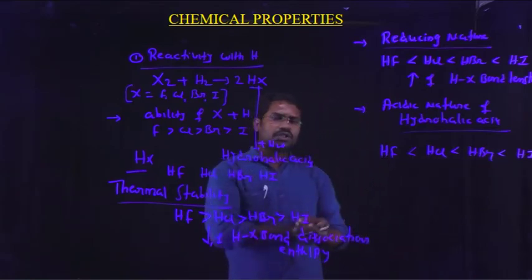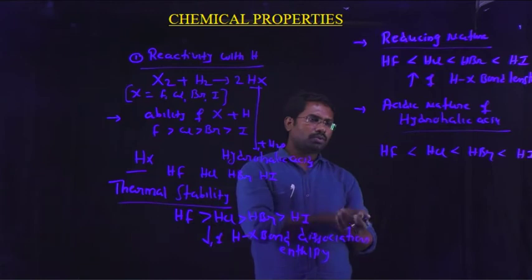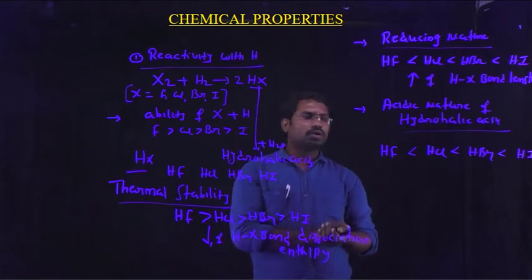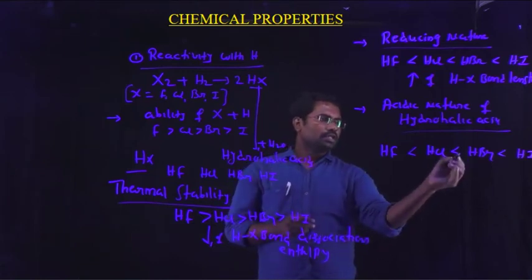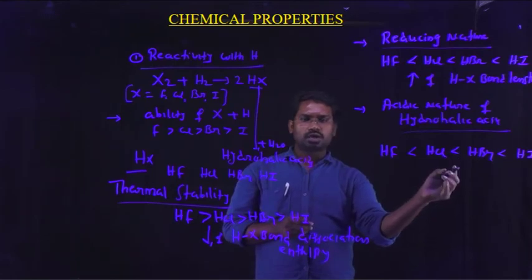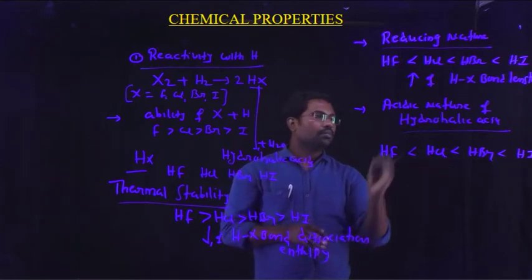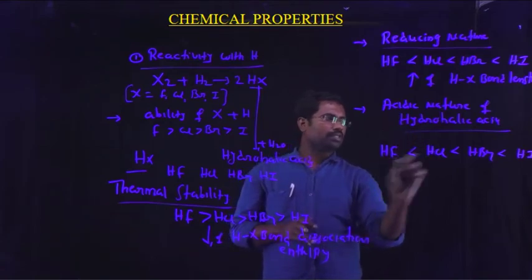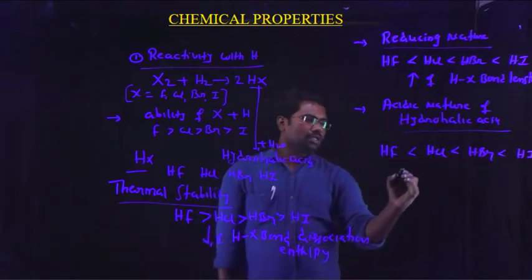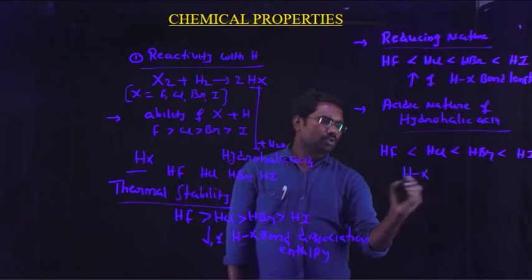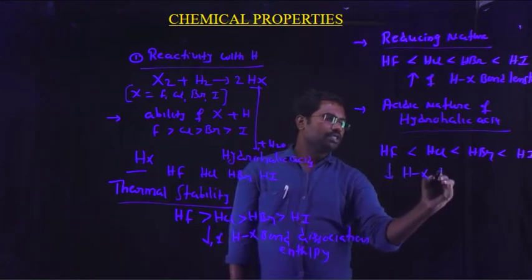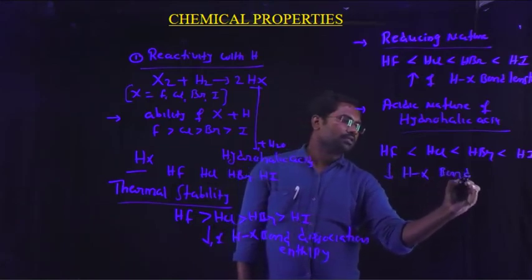When HF is dissolved in water, it forms the corresponding hydrohalic acid. In a similar manner, the other hydrogen halides form their corresponding hydrohalic acids. But their acidic nature increases from HF to HI due to the decreasing of HX bond strength.